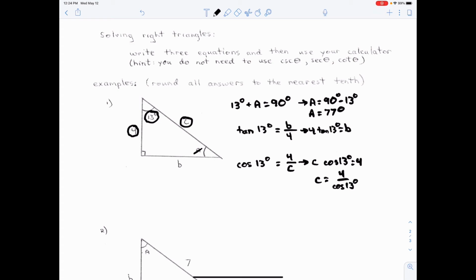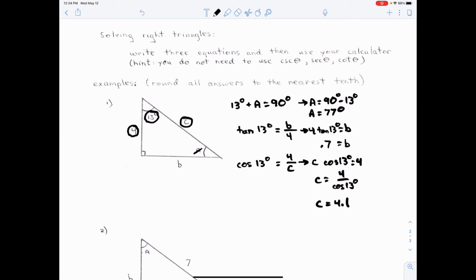Next one is 4 times the tangent of 13, which will give us, to the nearest tenth, B is going to be 0.7. Okay, and then for C, we're going to take 4 and divide it by the cosine of 13. And so C is going to be 4.1.